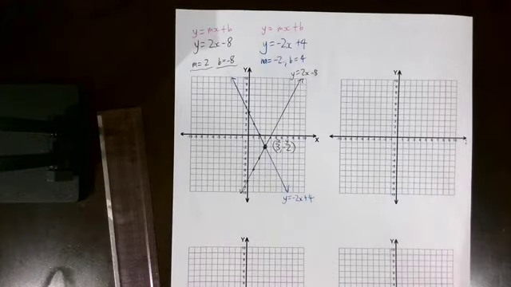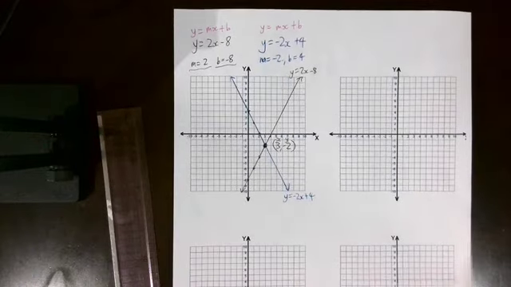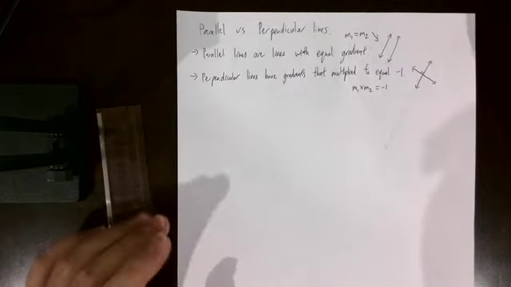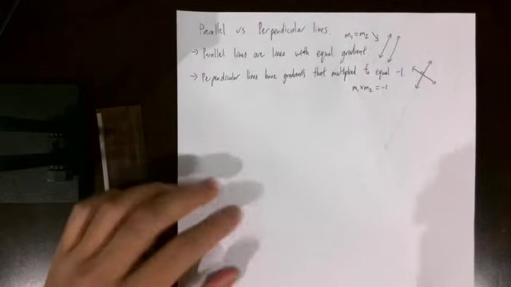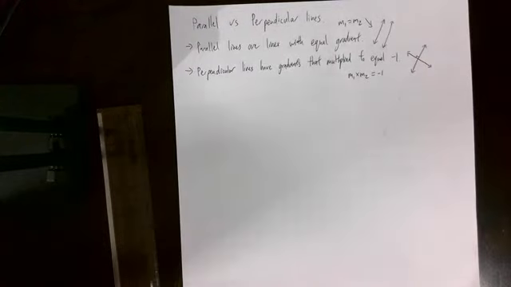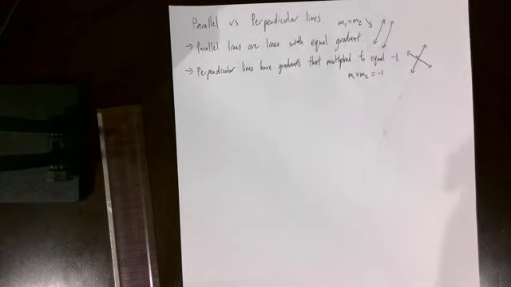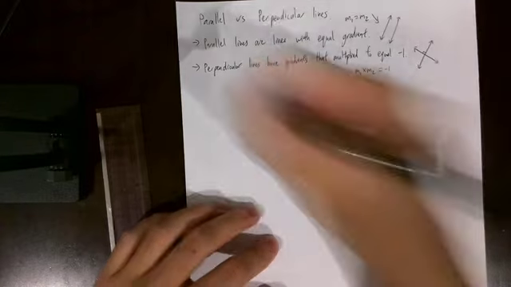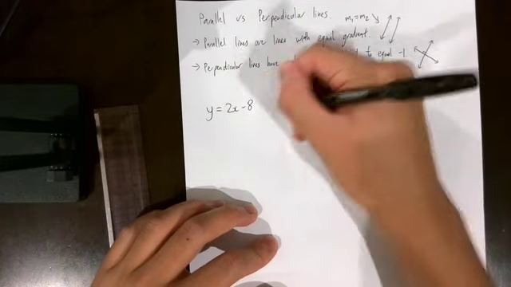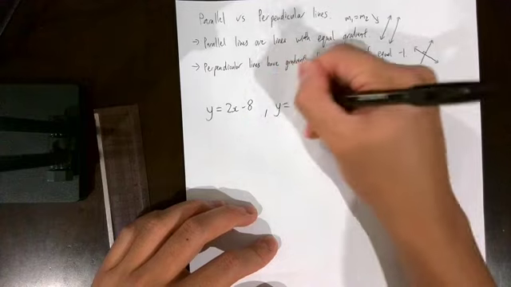Now, the thing about this point is we don't actually need to draw the whole graph to find it. One thing we can do instead is use algebra and a way of solving simultaneous equations to find this point as well. So what we're going to do is write our two equations in first.